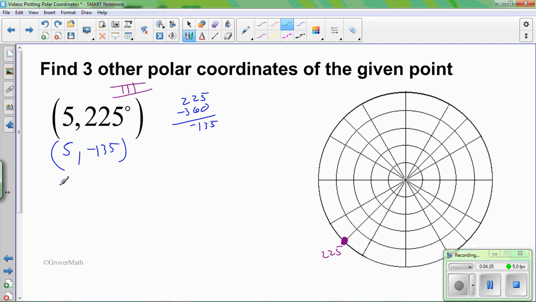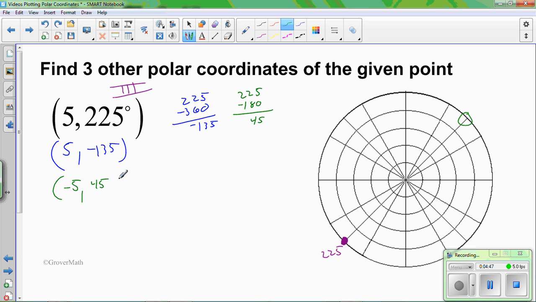Or I could think of r as a negative 5, and think about the opposite point, and that would be 45. And where I got that from was taking my original angle 225 and minusing 180. I'm not going to add 180 because I'm over 180. I'm going to minus 180 to get 45.